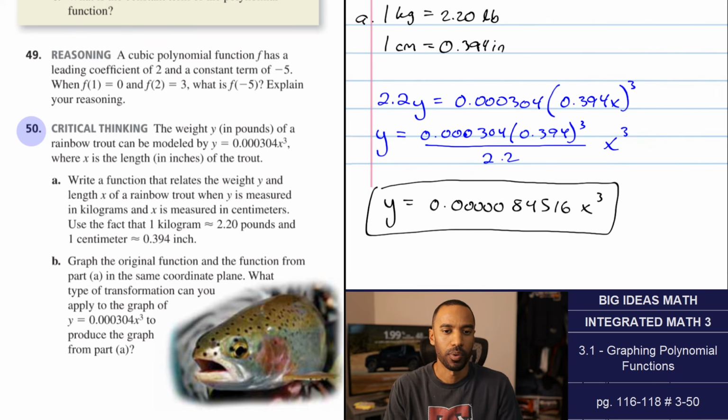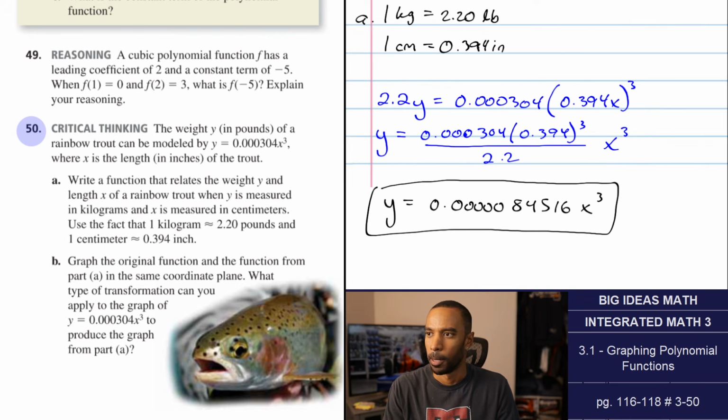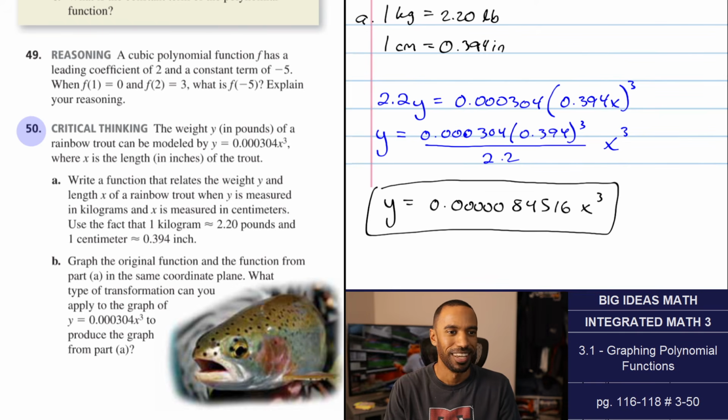Part B. Graph the original function and the function from part A in the same coordinate plane. What type of transformation can you apply to this to produce the graph from part A? Well, you have to multiply by the... Well, okay. All right, let's see.